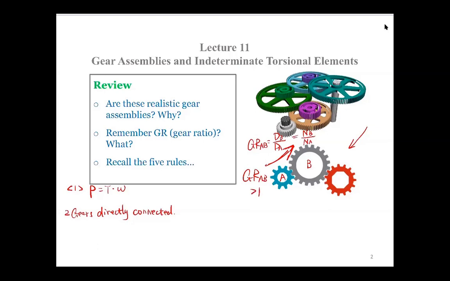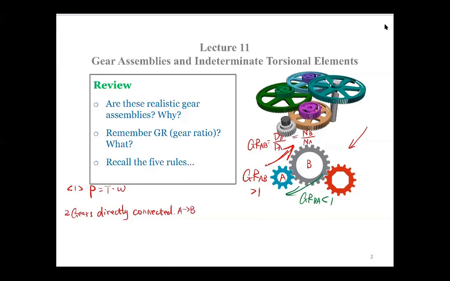If your transmission is from B to A, then the gear ratio BA will be smaller than 1. So strictly speaking, this value depends on the direction of the transmission. In these two gears directly connected, our assumption is power transmission from A to B.